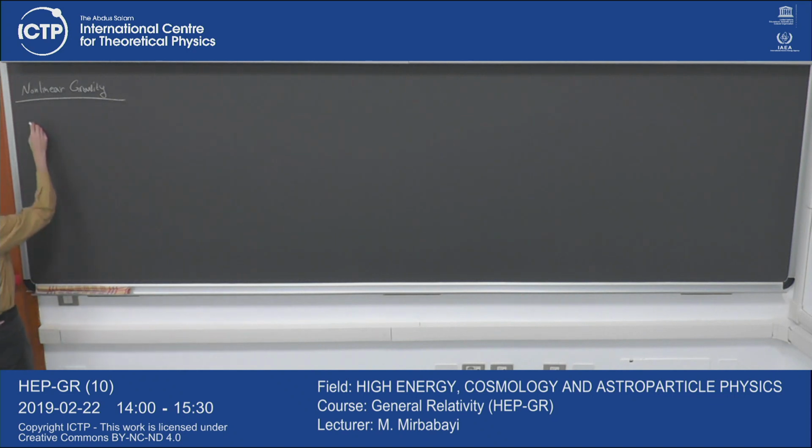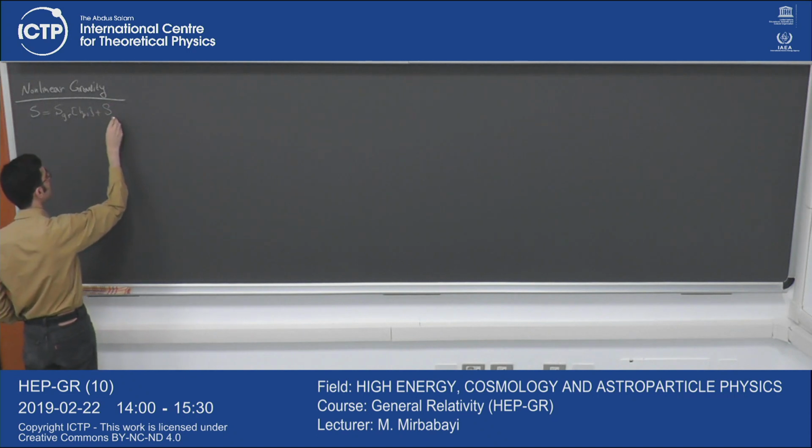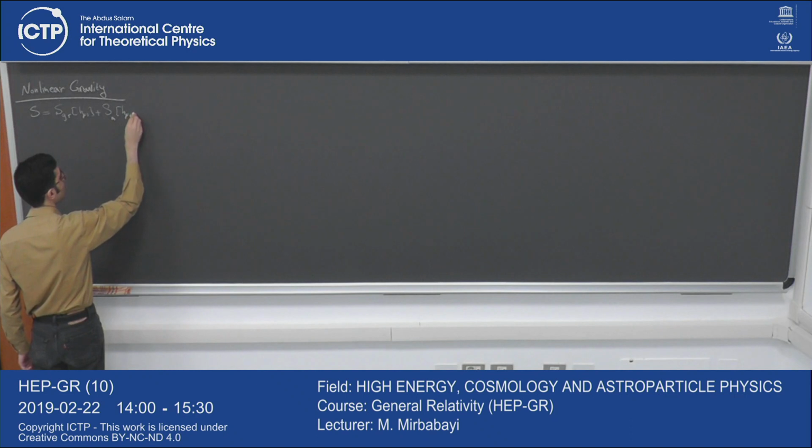And so the route that we were following was that we were trying to construct this action which is generally covariant, or it is invariant under diffeomorphisms. We divided the action into two parts: the gravitational part that only depends on h mu nu, and the matter part that depends on h mu nu and the matter field.